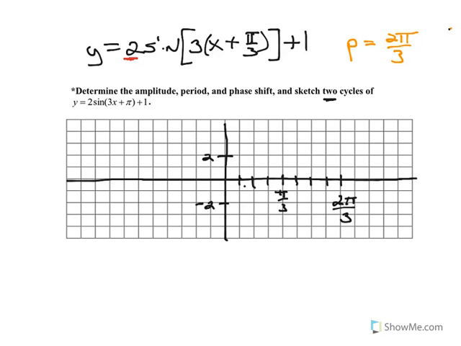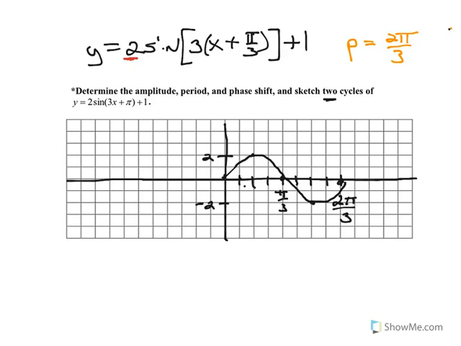And let's put in our first sine wave with an amplitude of 2. And we'll sketch in our sine wave. Kind of missed it a little bit there. So there's our sine wave with an amplitude of 2.